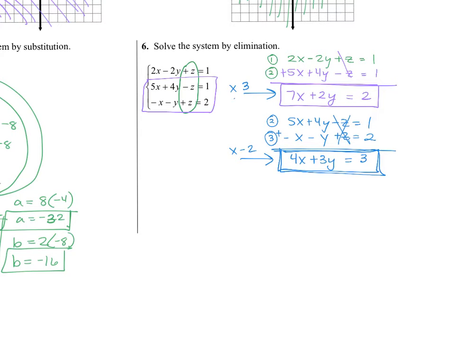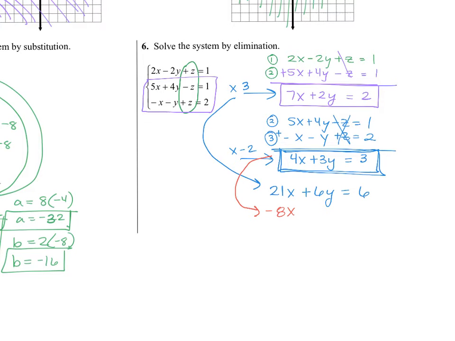Okay, so take that down here. If I multiply this top one by 3, I get 21x plus 6y equals 6.